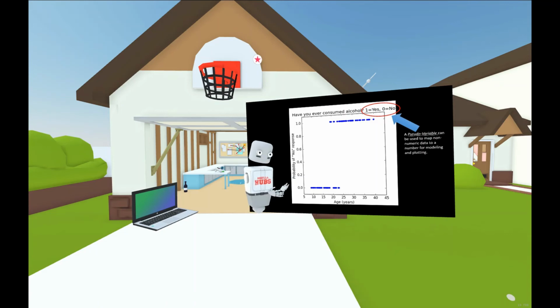For each age group, you can average the yes and no responses together to build up a probability of how many people in each of these groups answered yes or no to the question. So this ends up being very convenient for getting an implicit probability within our group of data.